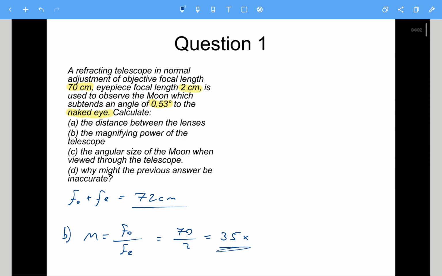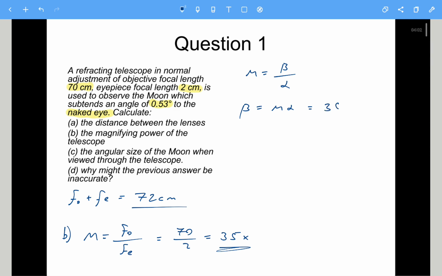Part C, the angular size of the moon when viewed through the telescope. Magnification is beta divided by alpha. We need to rearrange to find beta, because we've got alpha, which is the angle subtended by the naked eye, 0.53 degrees. So beta is equal to magnification times alpha.